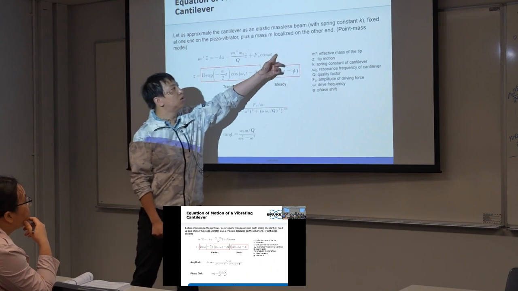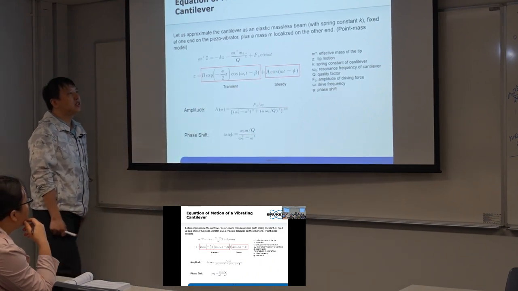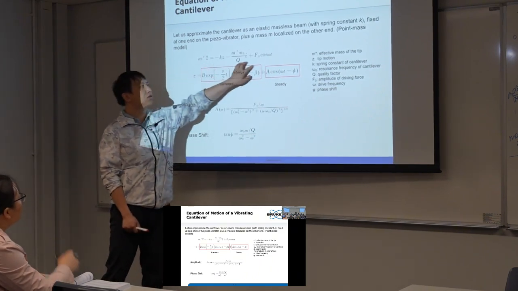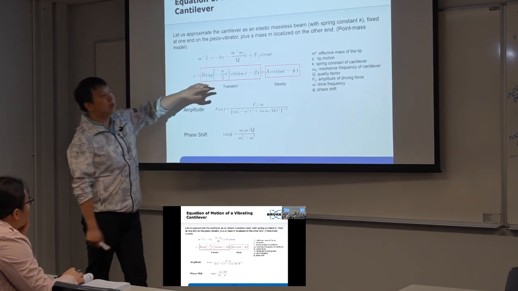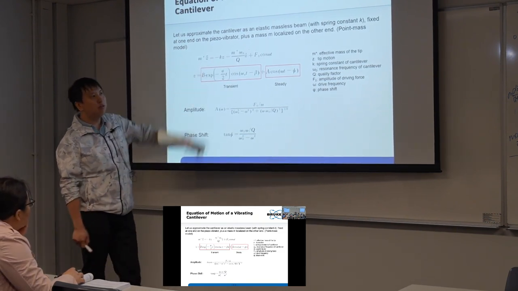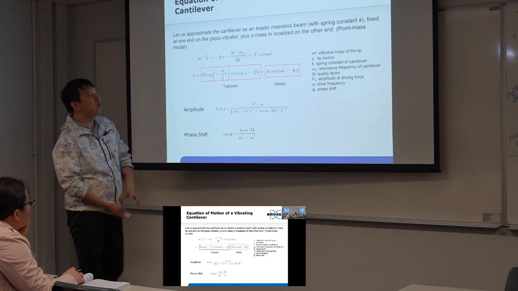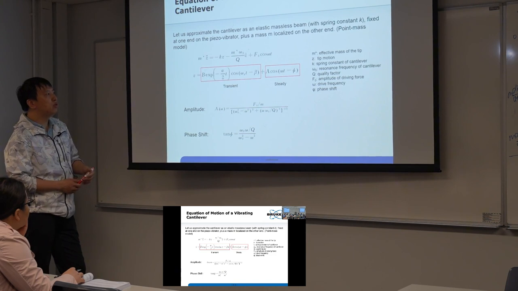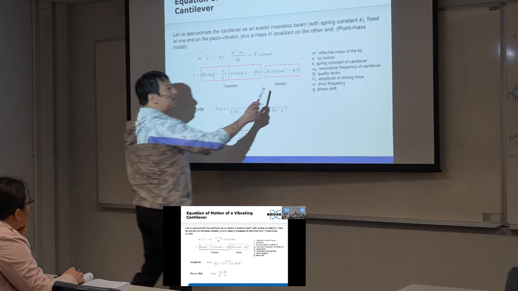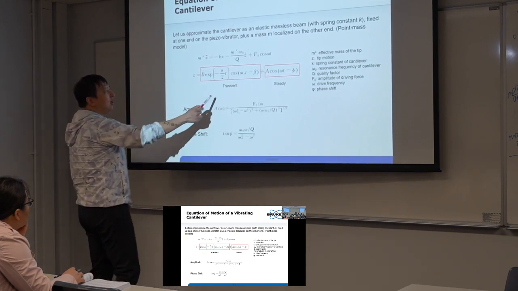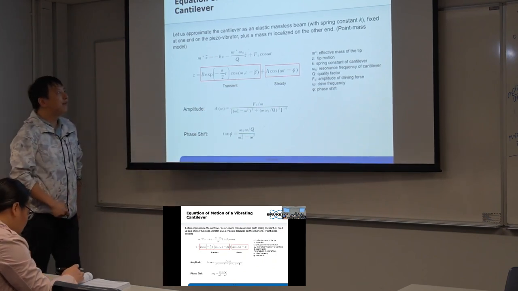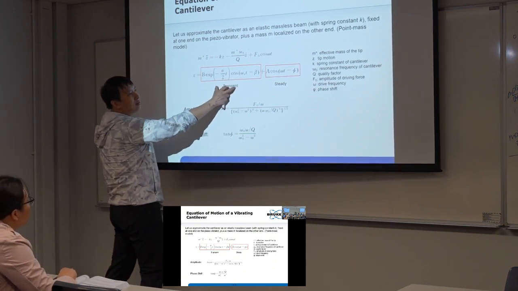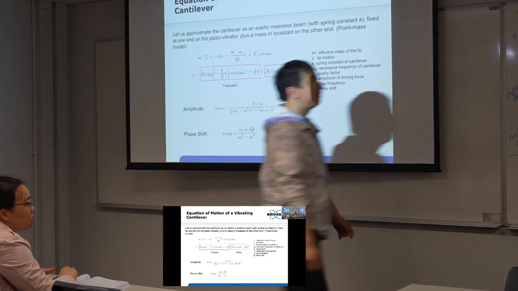Again, there is no tip-sample interaction. And then this kind of equation, we solve it. We will get two solutions. One is a steady solution, and another one is a transient solution. If you take a look at this transient solution, it's just this one, right?